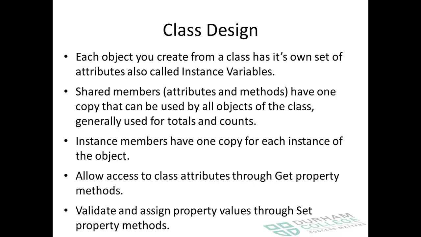Sometimes, though, there are shared attributes and shared methods, where there's one copy that's accessible by all objects created of the class. Generally, in terms of business objects, you would see those used for totals and counts, summary type data. Instance members, the thing to keep in mind is that each instance of the class has its own copy of that instance member.